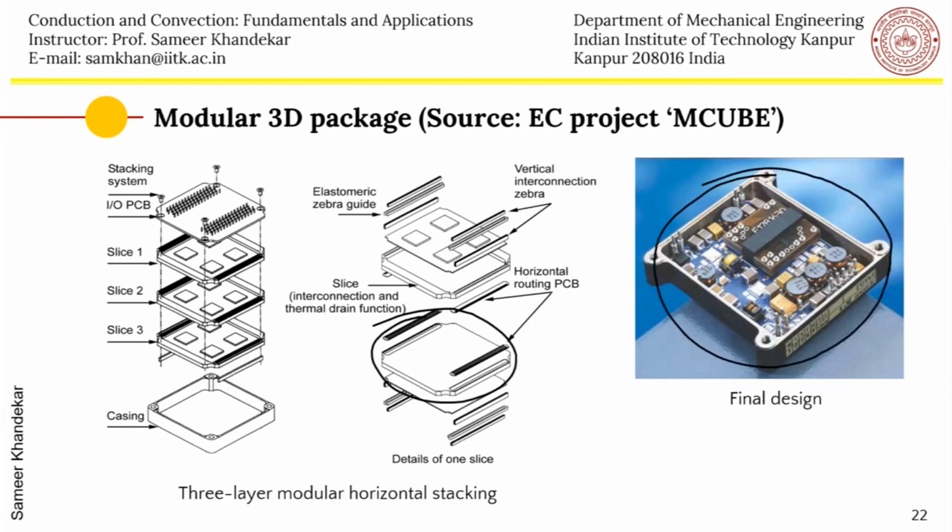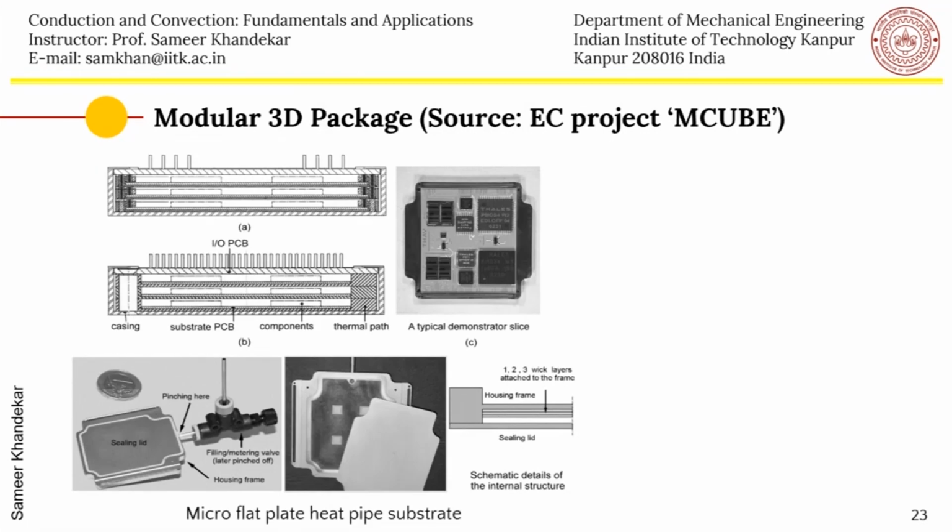So here you see such a modular heat pipe in the final design, and this is at the stage where the heat pipe is getting filled with a valve. Later on, this valve is removed from here, and you can do a pinching and a welding here, so that there is no air leakage from outside to the inside or inside to the outside. It becomes an isolated system which has only the working fluid inside and its vapor.